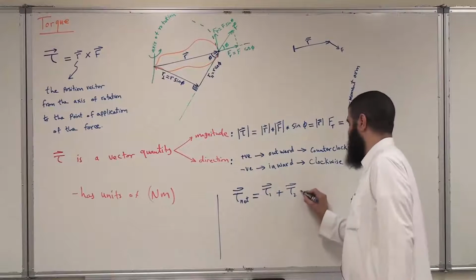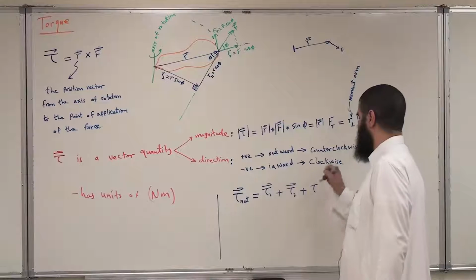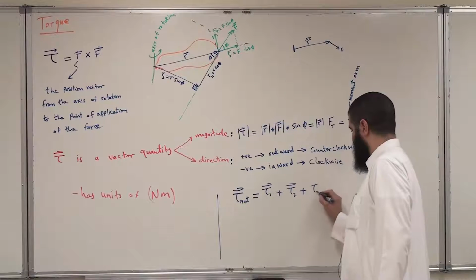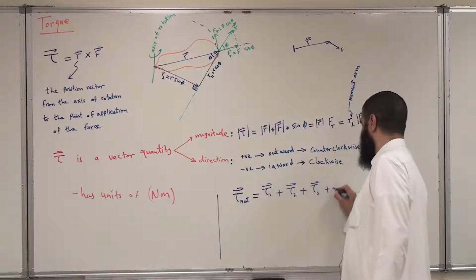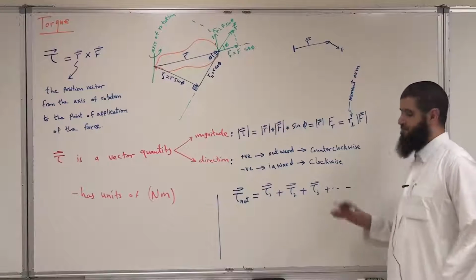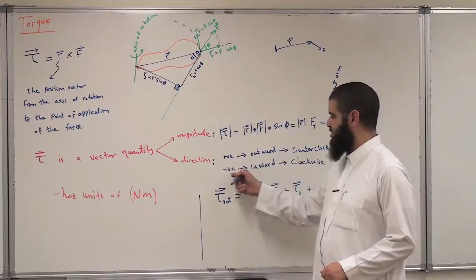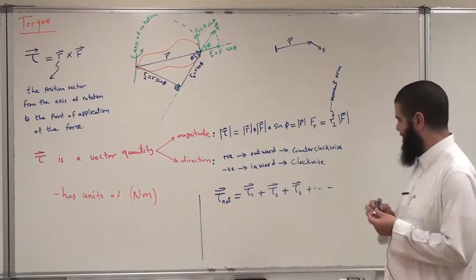Some of them will be positive and some of them negative according to the agreement we made earlier. You just add them. Some will be positive if the torque is outward, or negative if the torque is inward.